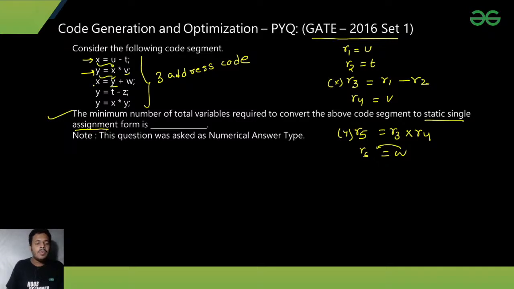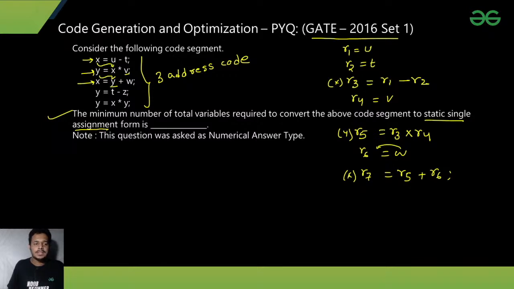Then for this X, we take another temporary variable R7, which is Y, that is R5 plus R6. So our third statement is also executed, and R7 is representing the value of X.